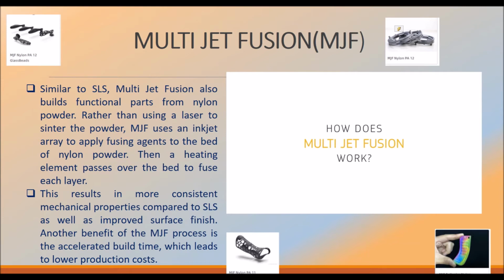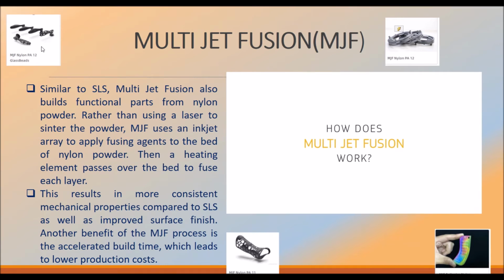Then a heating element passes over the bed to fuse each layer. This results in more consistent mechanical properties compared to SLS, as well as a better surface finish. Another benefit of the MJF process is the accelerated build time, which leads to lower production cost.